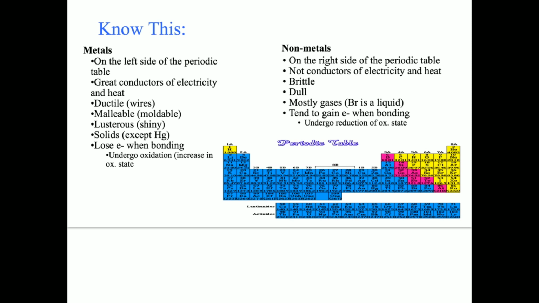In addition to knowing the 5 major groups of elements on the periodic table, you should also be able to distinguish metals from nonmetals. We discussed the properties of metals and nonmetals back in Unit 1, but if you forgot, you should be sure to write down this list.